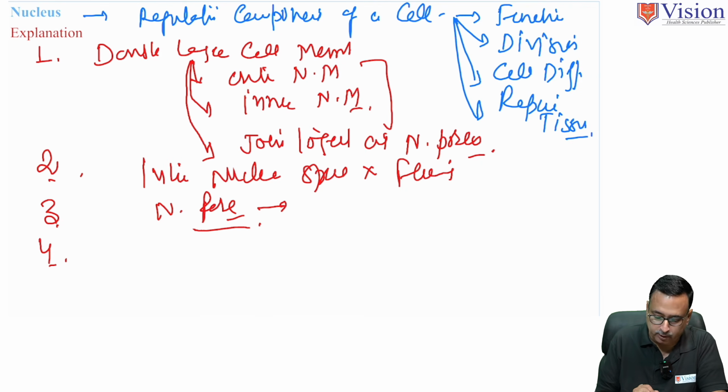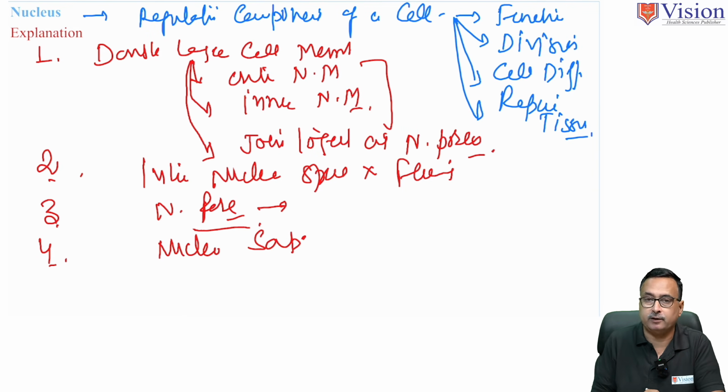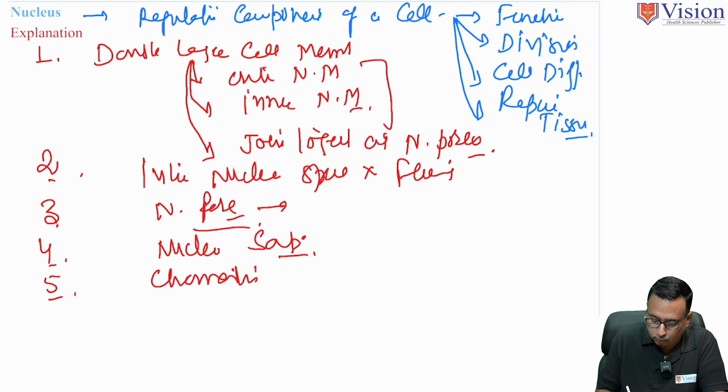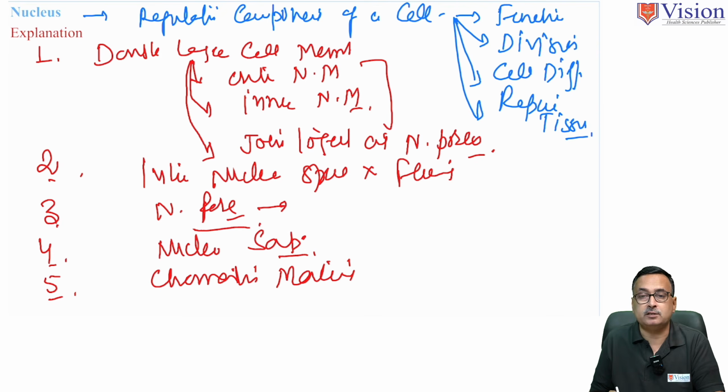Then the fourth component, inside the nuclear membranes, there lies nuclear sap. It's a fluid that contains different components of the nucleus. Fifth one, nuclear sap contains chromatin material, which is the genetic material of a cell.